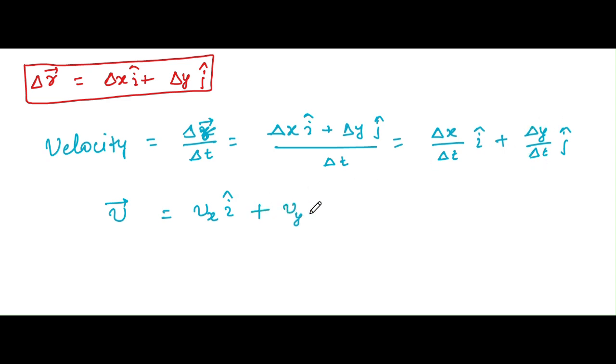Means what is the velocity along y axis, and this is the magnitude of the velocity along x axis.